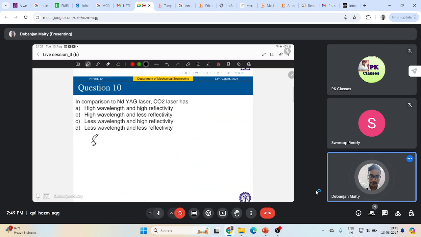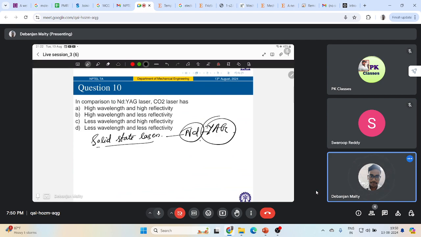What is a solid state laser? I hope you have heard of Nd:YAG. In a YAG laser, the crystal of yttrium aluminium garnet is doped with neodymium.